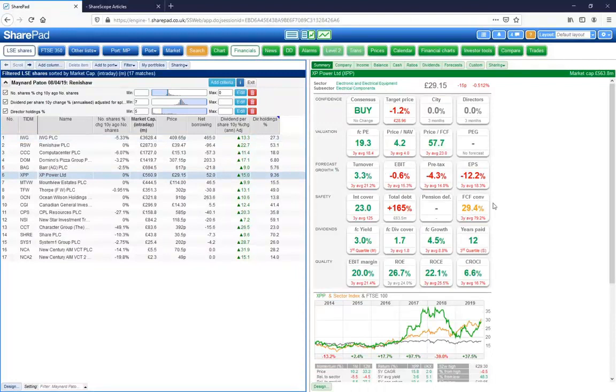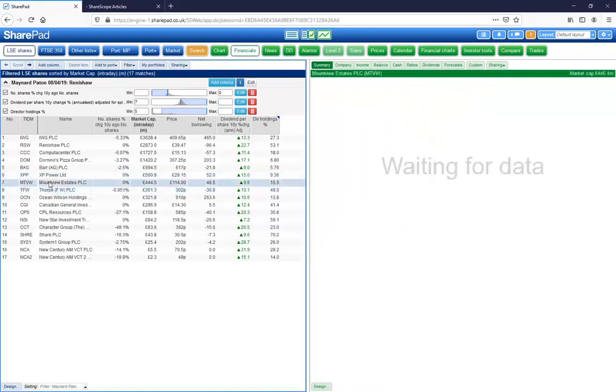For cash conversion, I hone in on that first, and then, without reading the whole annual report, just go to the relevant notes. So SharePad is a shortcut to ideas, and to exactly where in the annual report you need to look. Looking at XP, I've decided I'm not going to look at that right now because there are a lot of issues. There's enough here to tell me debt's up, so I don't need to look at the annual report. I'm going to look at maybe a different company.